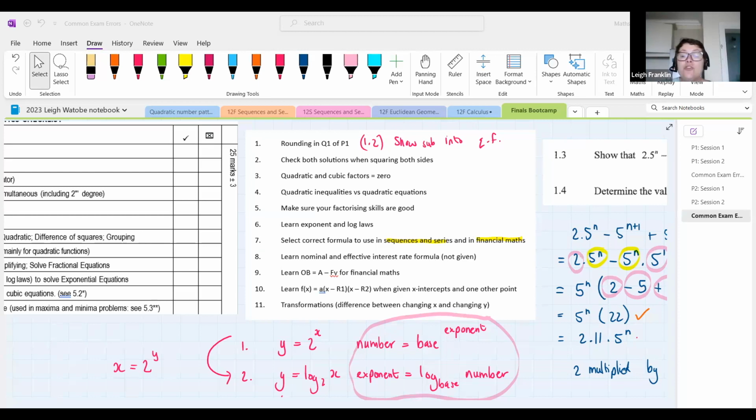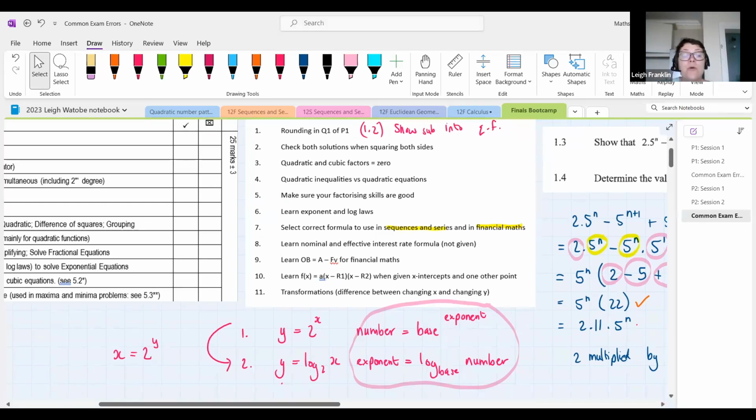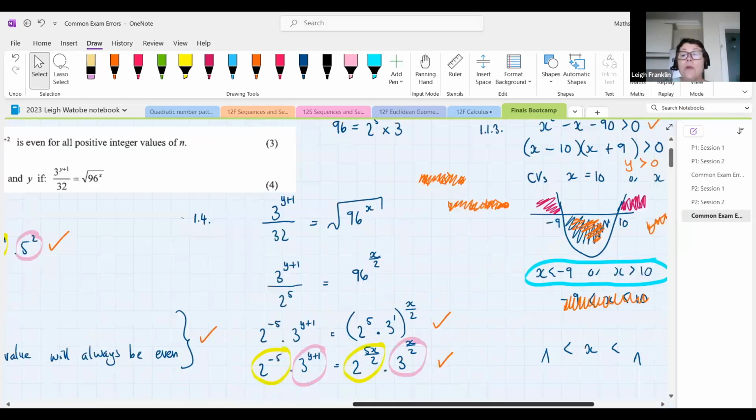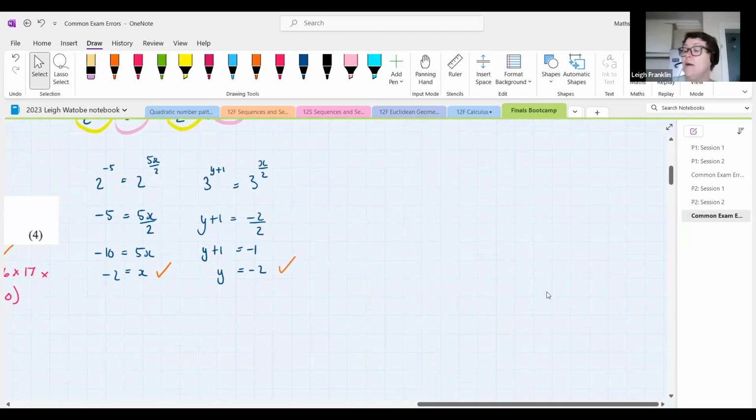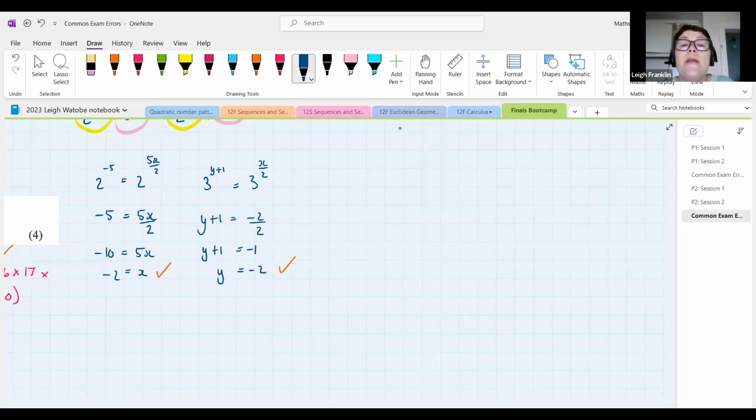And then in financial maths as well. We spoke about that a little bit last week. What I'm going to do is I'll just pop it over here. In financial maths, more so than anywhere else, I'm just going to make a heading, financial maths.